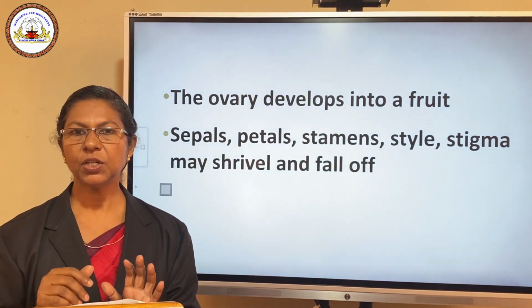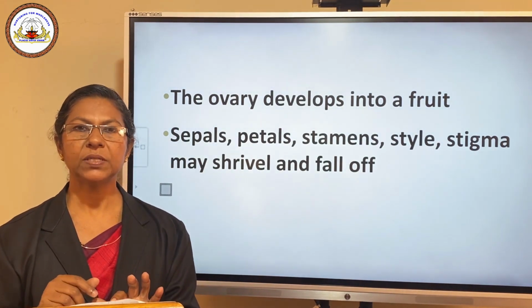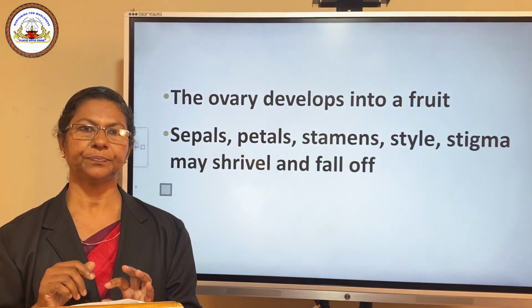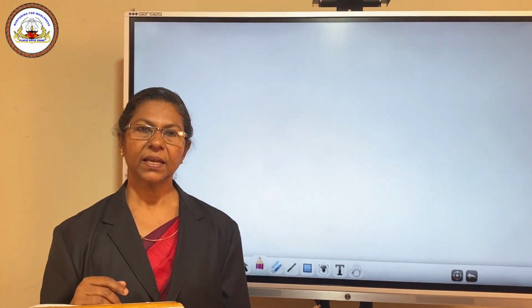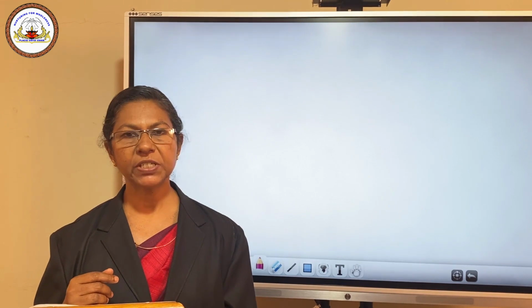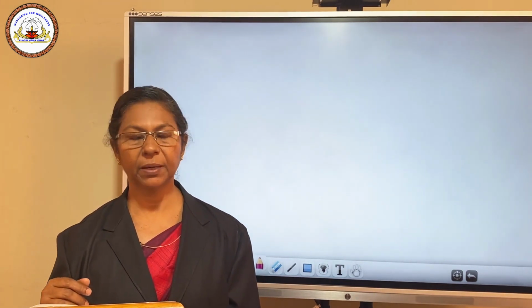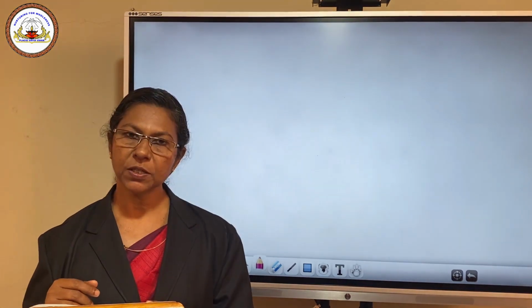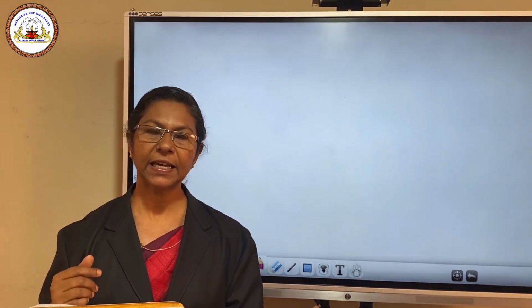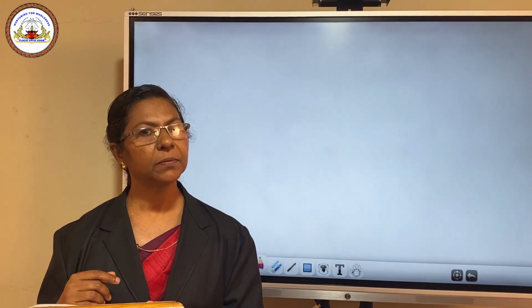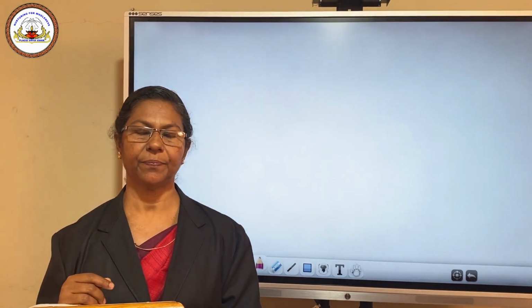The ovary changes into a fruit and the ovule changes into a seed. The seed contains a future plant which develops into a seedling when it germinates. The process of development of a seedling from the seed is known as germination.